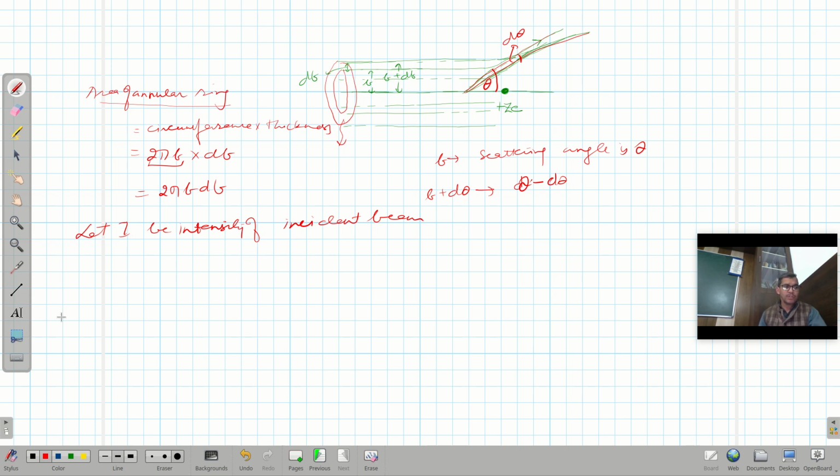Therefore the number of particles per unit time crossing the annular ring, whose area is this, say dn, is the area multiplied by the intensity.